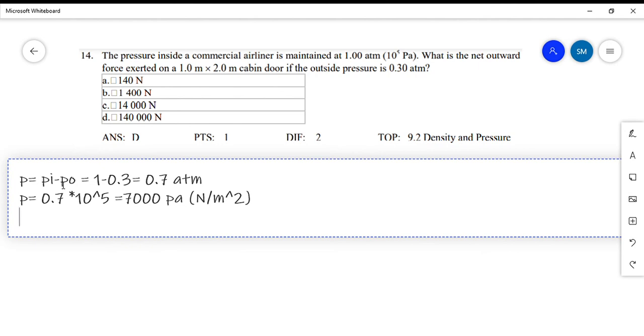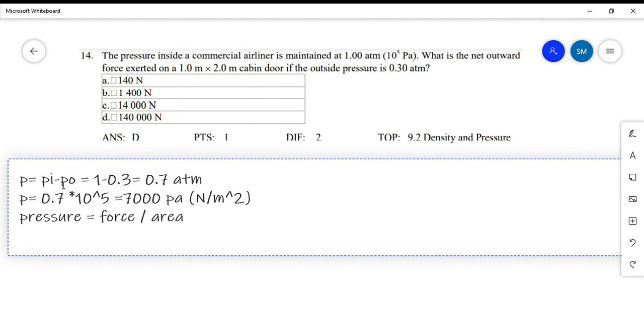We wanted to calculate the force. Pressure is equal to force over area, so the force is equal to pressure times area. Force is equal to P times A, which is equal to 70,000 times the area.